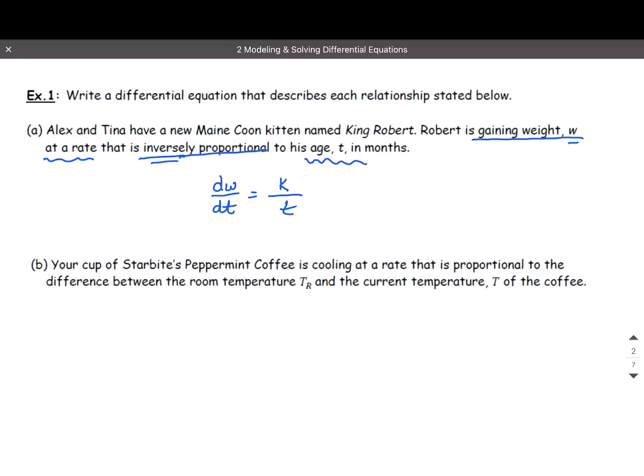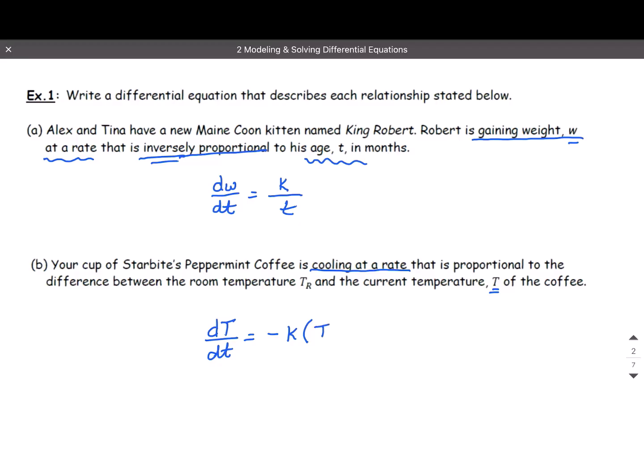Now let's try another one. Your cup of Starbright's peppermint coffee is cooling, so it's a negative rate, at a rate that is proportional to the difference between the room temperature T_R and the current temperature T of the coffee. So the rate of change of the temperature of our coffee over time is negative, at a rate that is proportional, so I need a constant times the difference between the room temperature and the current temperature.